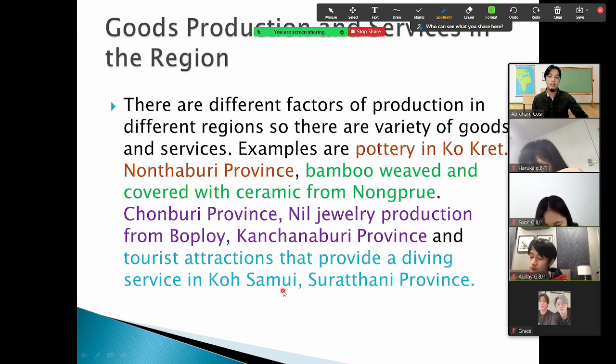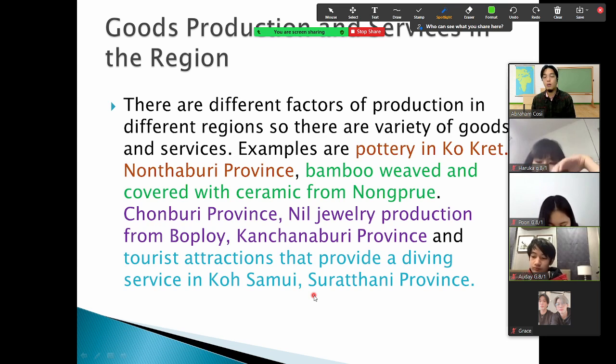For these, the first ones are actual goods. But for tourist attractions, they need service, because they already have free assets. These assets are like nature, right?